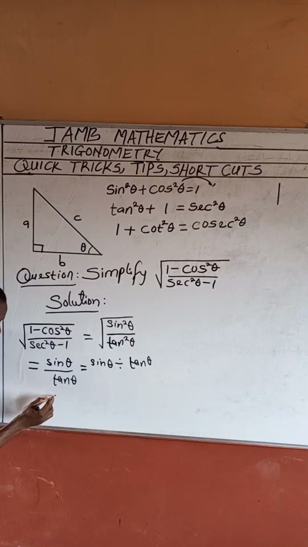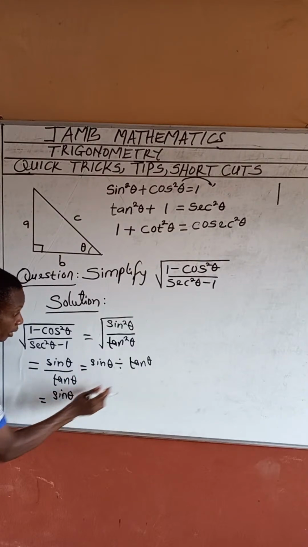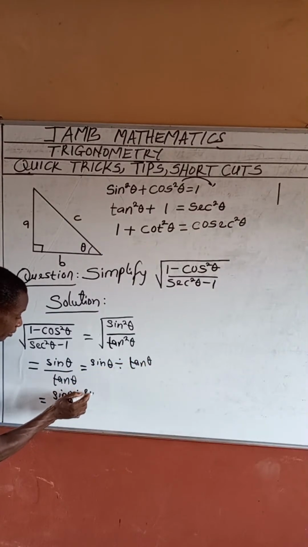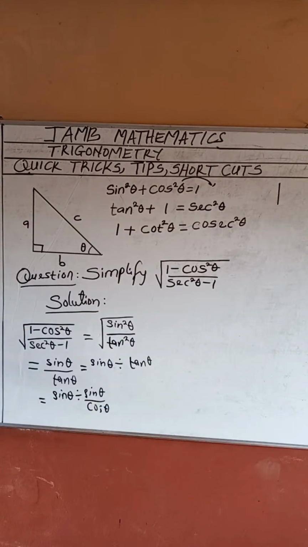This is sin theta, then divided by tan theta, which is sin theta divided by cosine theta. This is over 1, so we can go ahead and cross multiply. Remember you have to cross multiply.